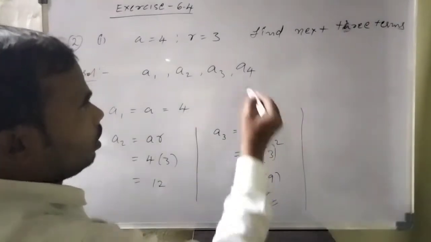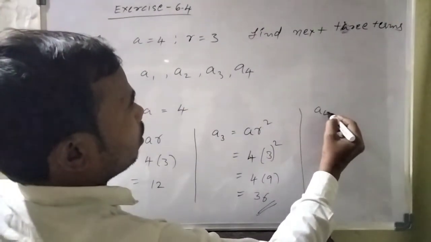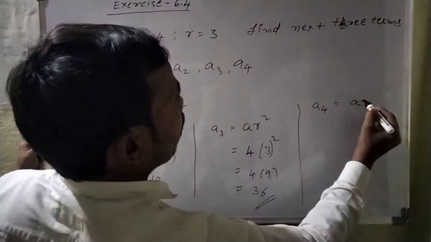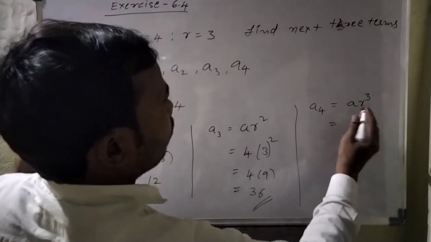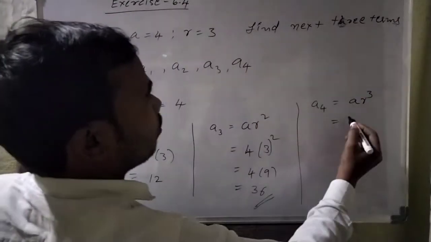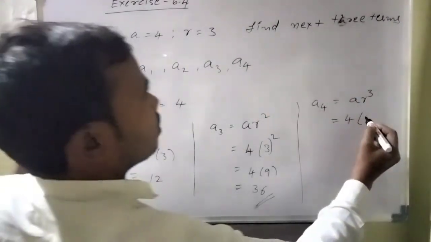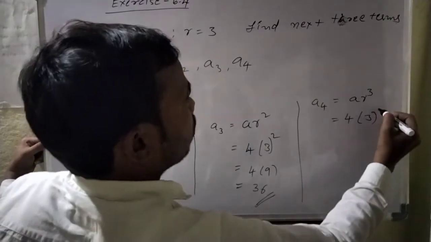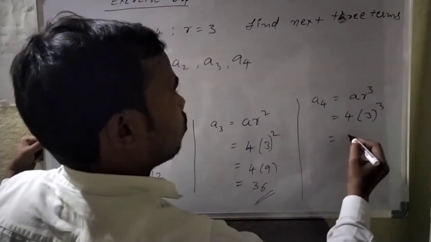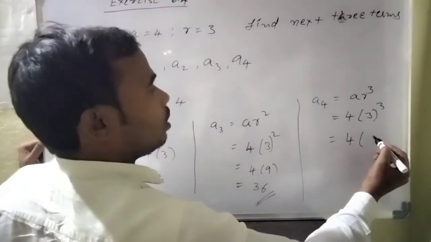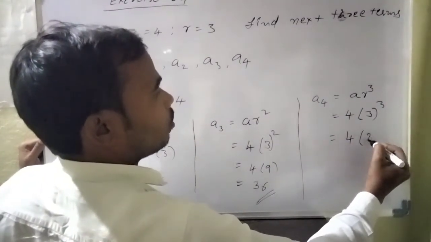Now we are finding the fourth term a4. a4 is equal to ar cube. The a value is given as 4, r is equal to 3, and the exponent is 3. So 3 cube means 3 into 3 into 3, which is equal to 27.